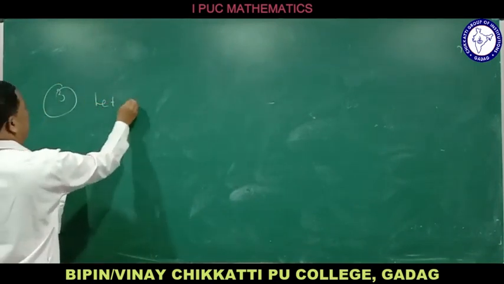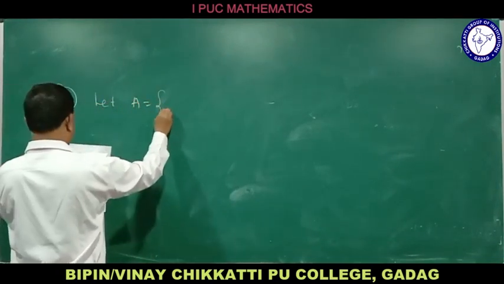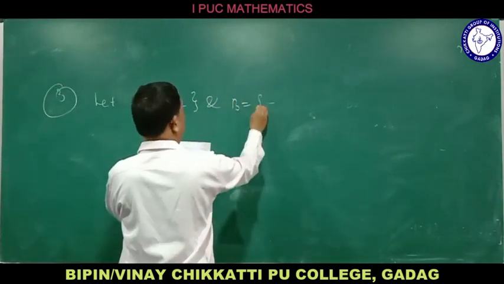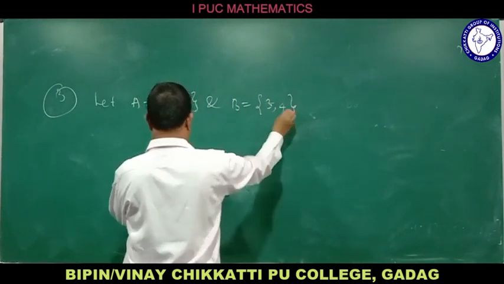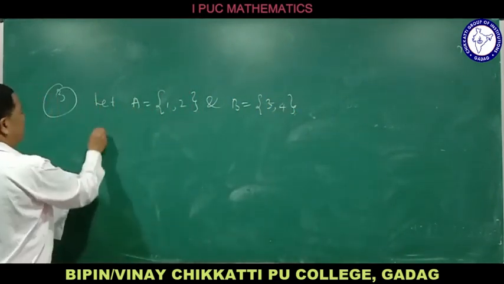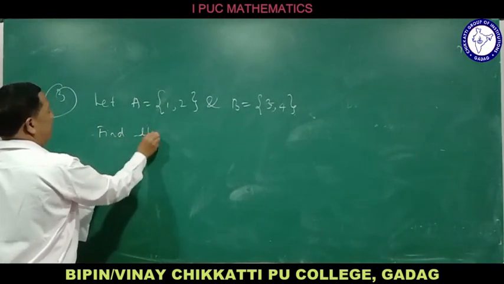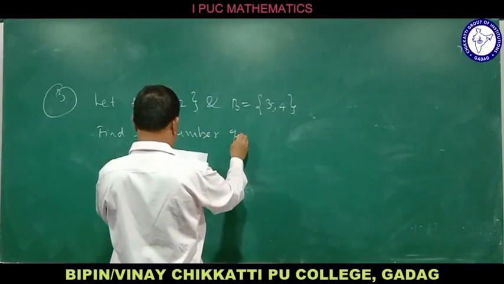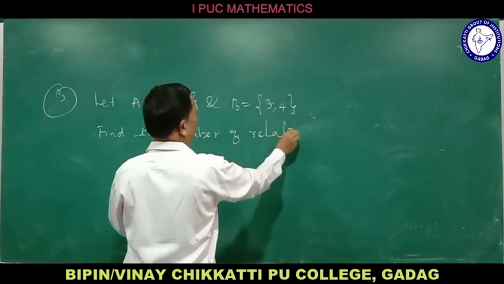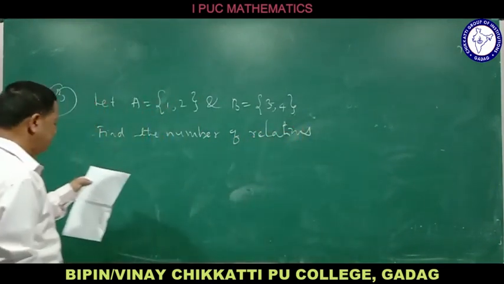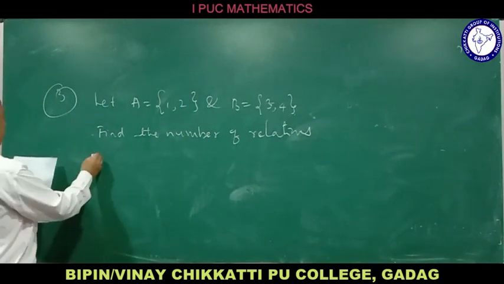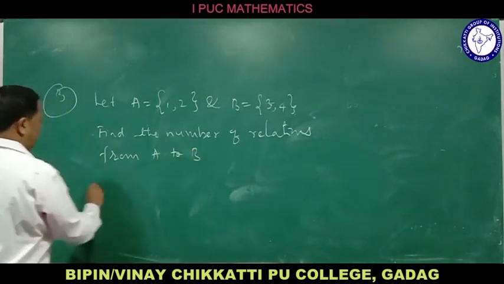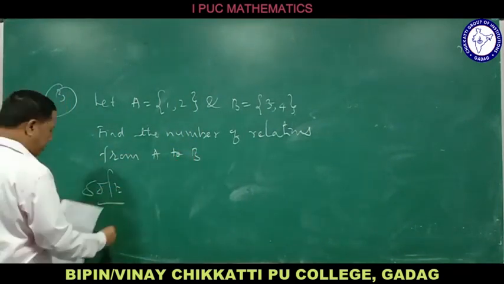Let A is equal to {1, 2} and B is equal to {3, 4}. Find the number of relations from A to B. See how to write the number of relations.